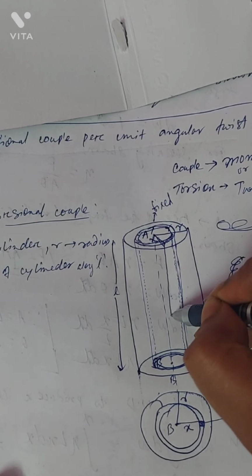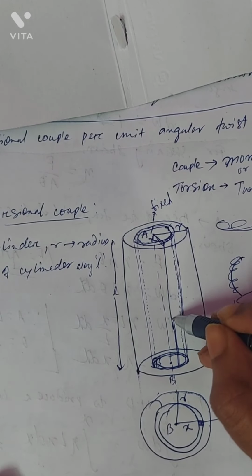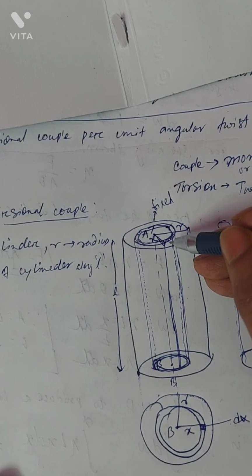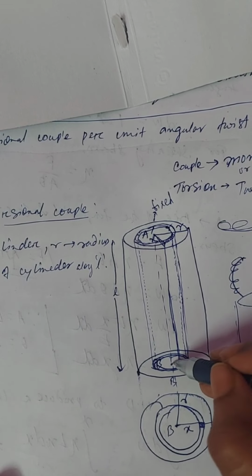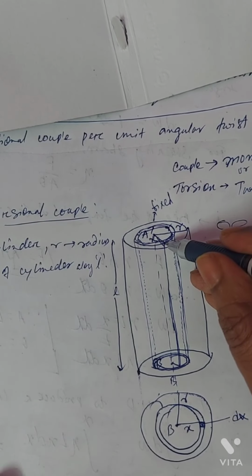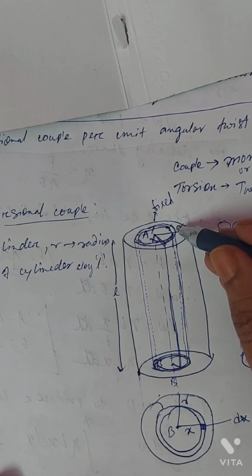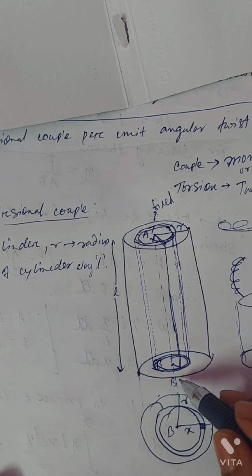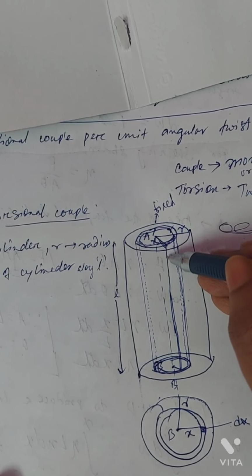Now with this cylinder, if we consider a section, suppose this is a perpendicular line between the surface A, which is fixed, and the surface B, which is free to move, on the surface of the inner cylinder.